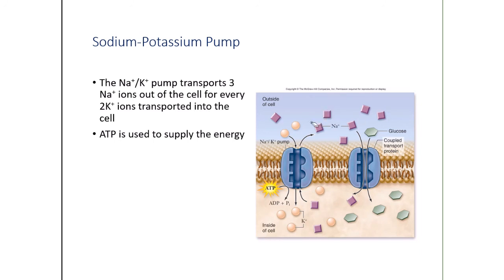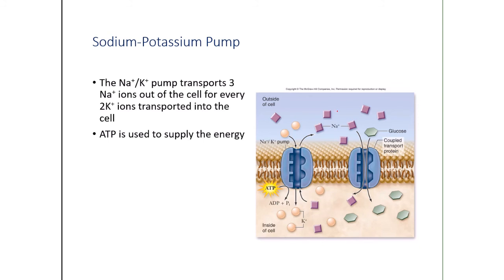You are creating a reservoir of sodium, and it really wants to come back in. So you provide another channel protein. This is not related to the sodium-potassium pump. You have a separate channel, and as the sodium is coming in, you can harness that energy to transport glucose against its concentration gradient.